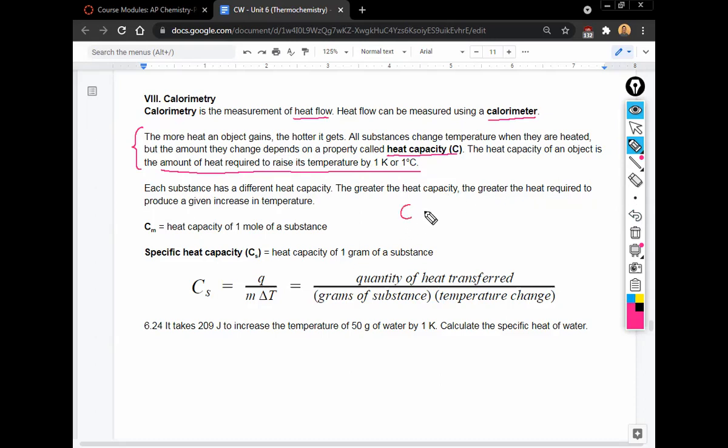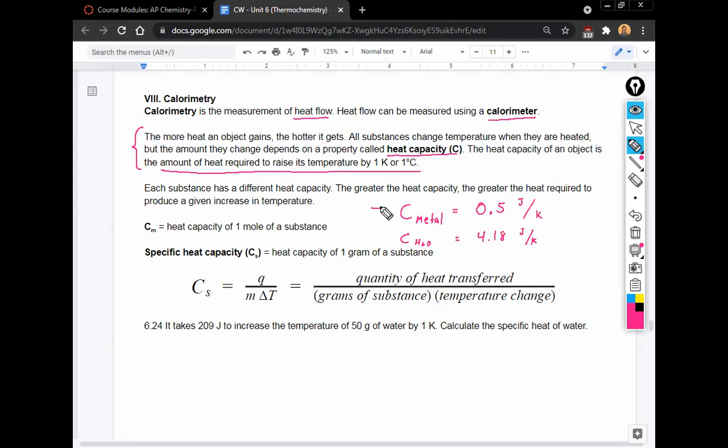So let's say I had a piece of metal. A metal might have a low heat capacity, so it might only take like 0.5 joules to raise the temperature by 1 degree Kelvin, okay? But something like water requires a lot of energy, okay? That's why it takes forever to boil your water. It requires 4.18 joules to raise the temperature by 1 degree Kelvin, okay?